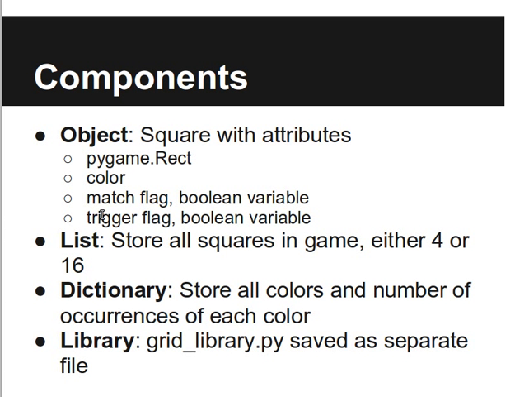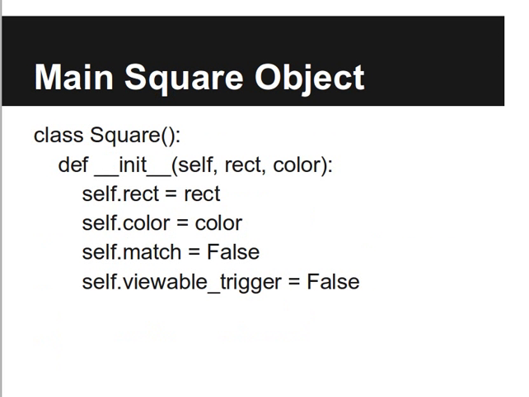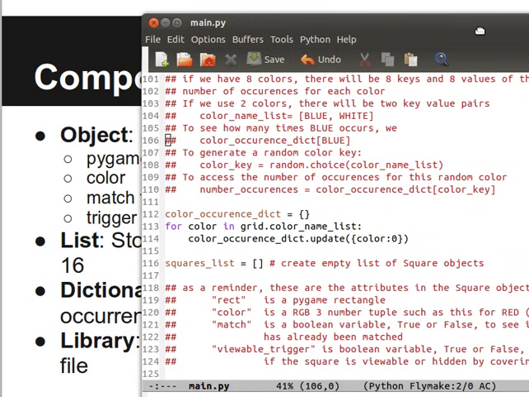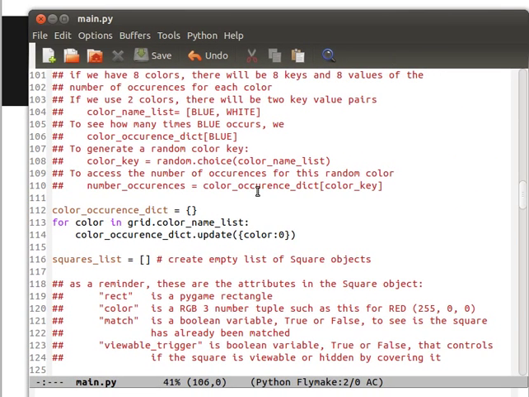So when you instantiate one of the objects, it'll create one square with these 4 attributes. You're going to want to store each of the squares into a list. So I call it the squares list.